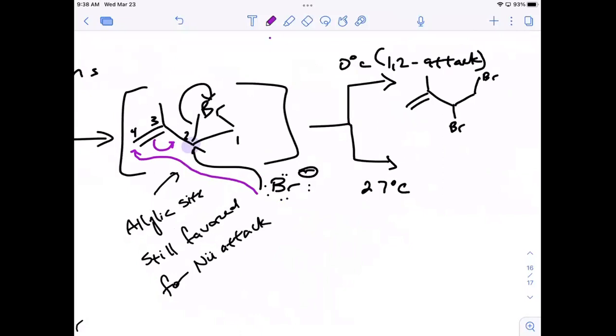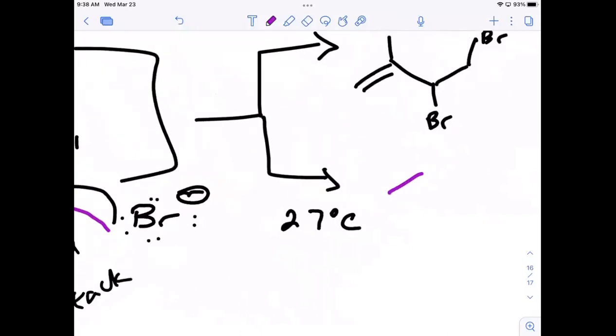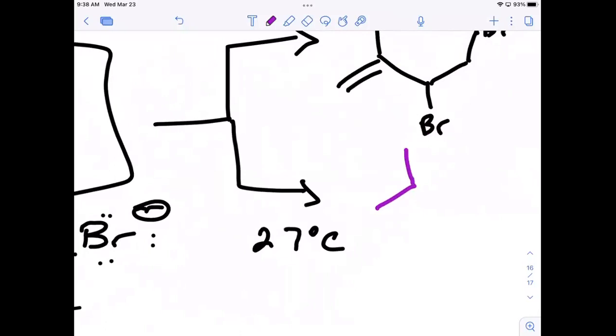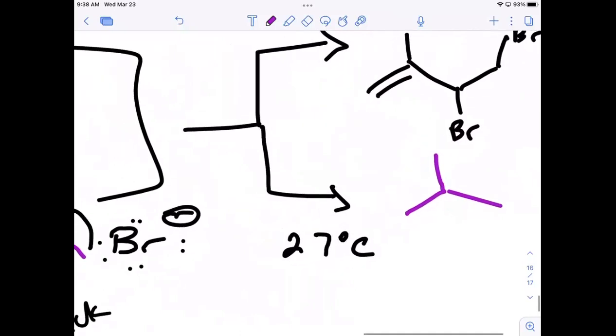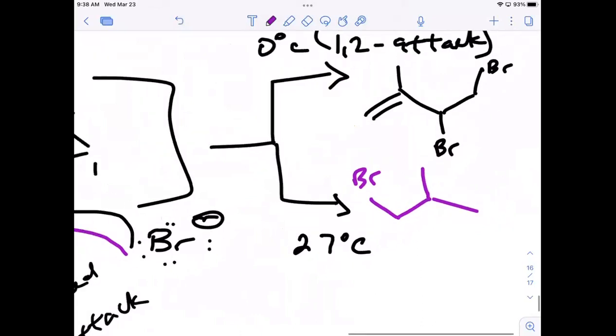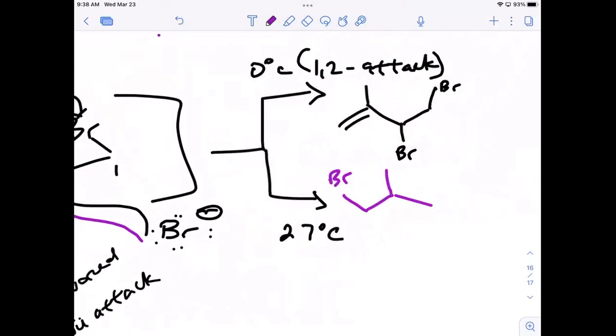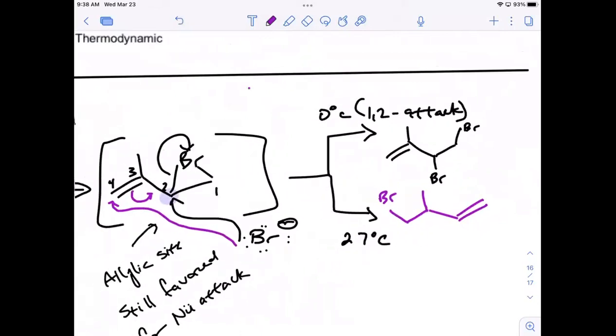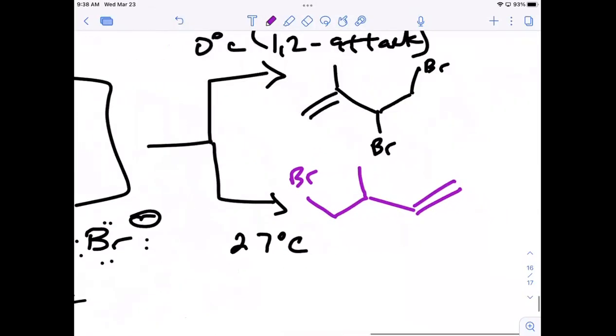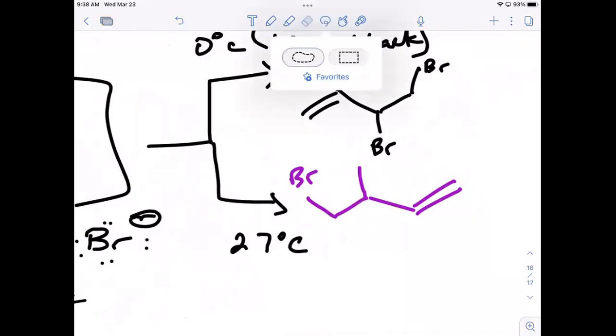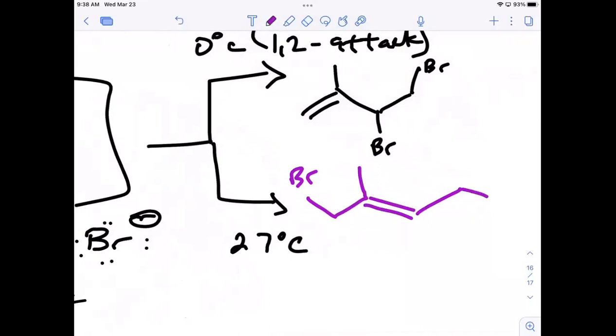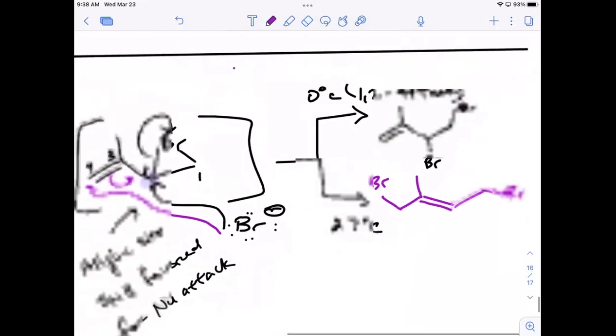So my 1,4 product is going to look like this, where bromine is now here, and the other bromine is here.